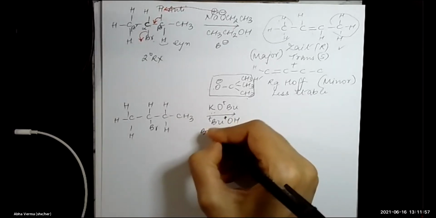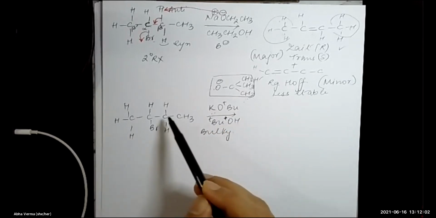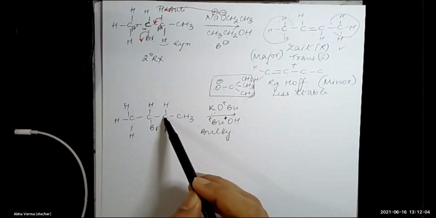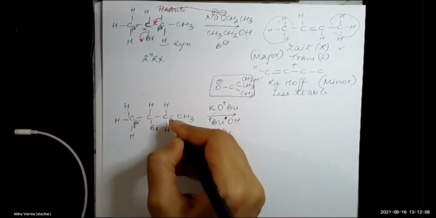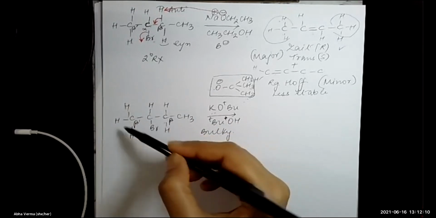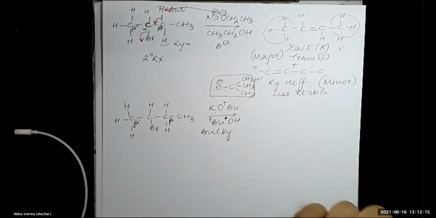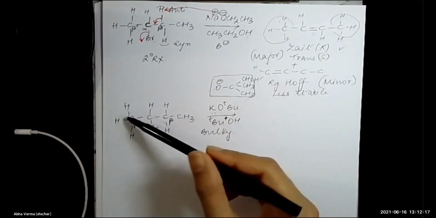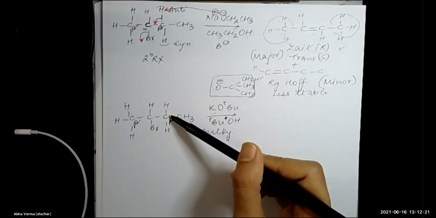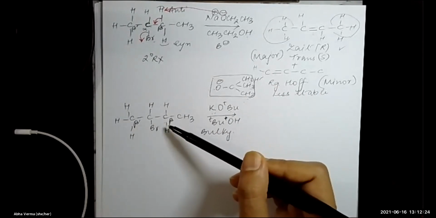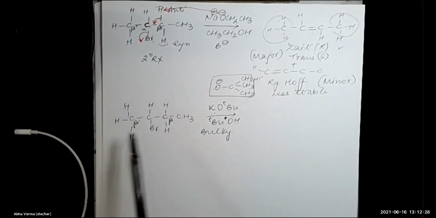So when we will have a bulky base, as it approaches the inner sides of these hydrogens, remember both of these are beta prime and beta carbon, all the hydrogens on these beta carbons are beta hydrogens. So the bulky base, when it approaches these hydrogens, it will not be able to dig deep into the molecule, but superficially, wherever there is less bulk.